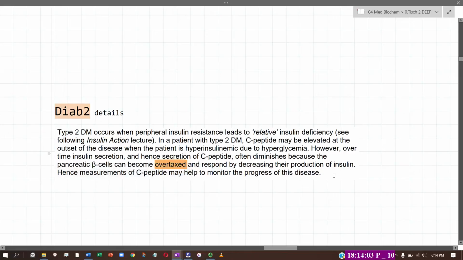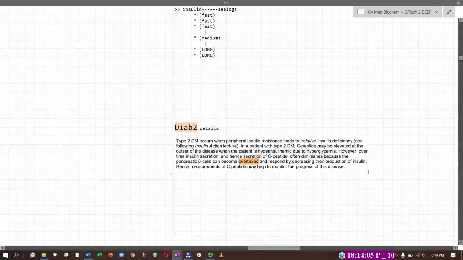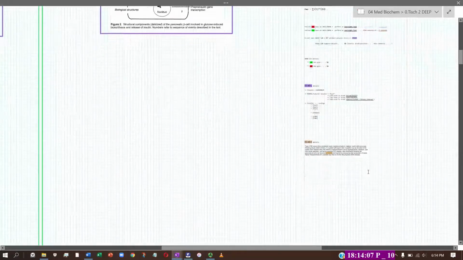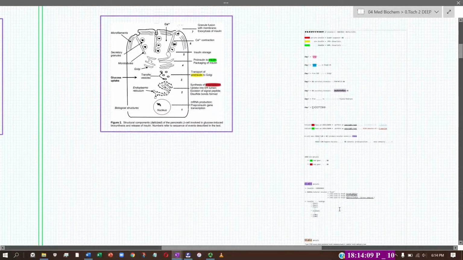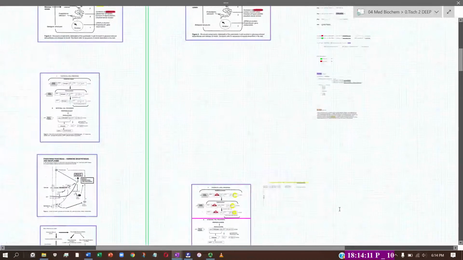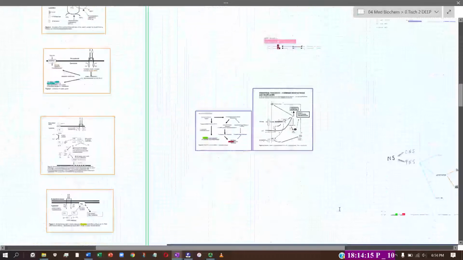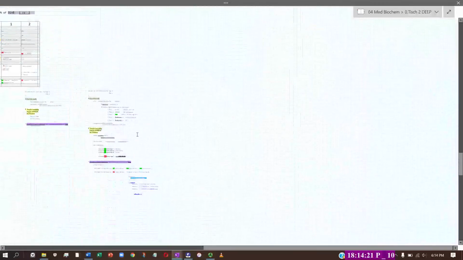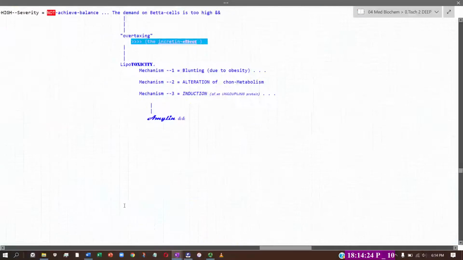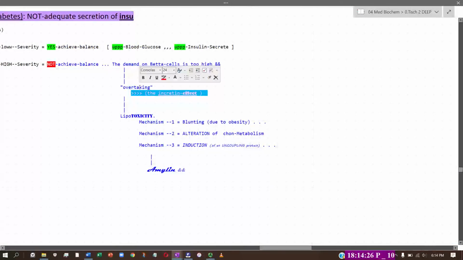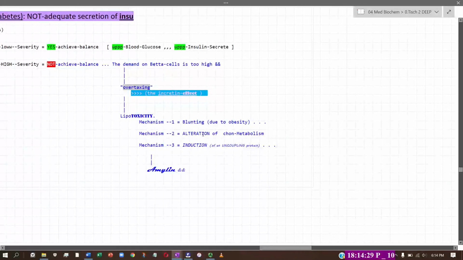Cool. This portion of the material is tying back to earlier in the notes. So anyway, let's go back down to the end of these notes and regain our focus on this key concept, overtaxing.